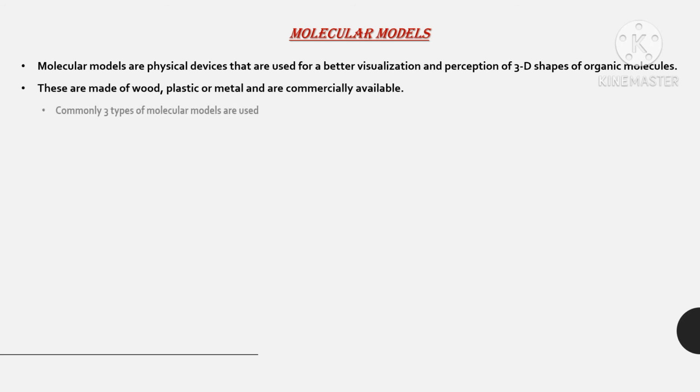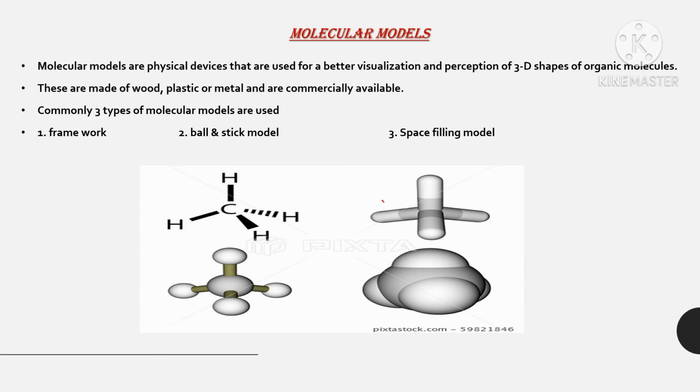First one is framework, second one is ball and stick, third is space filling models. These models are three-dimensional models. So by using this, we can easily understand the structures of molecules.